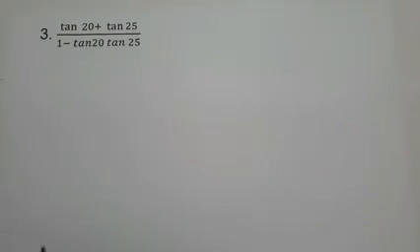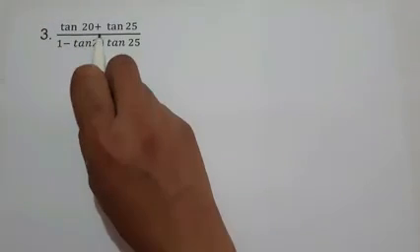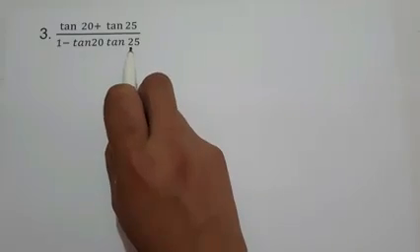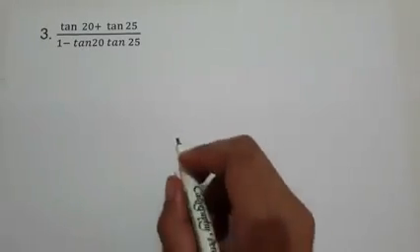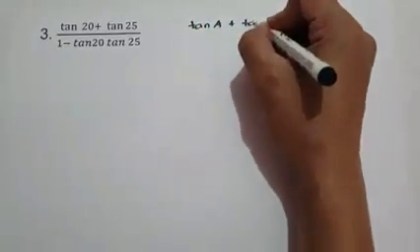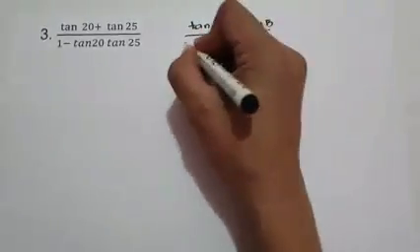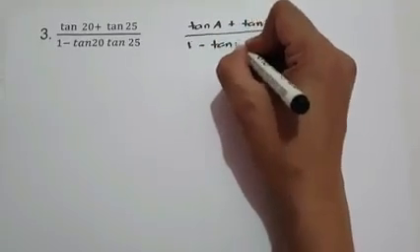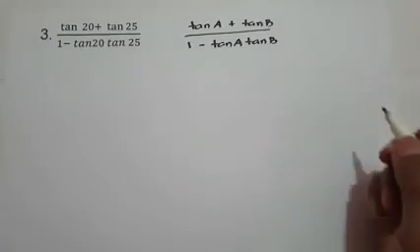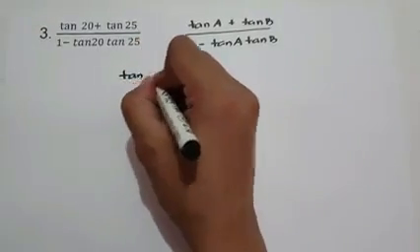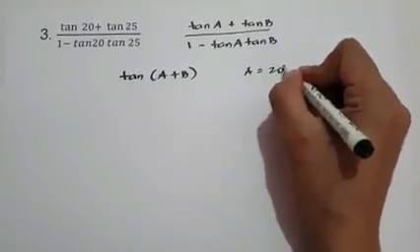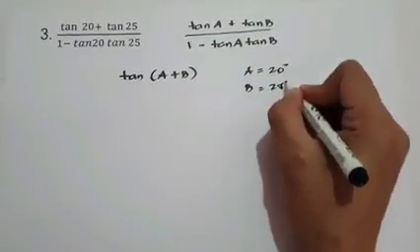On number 3, we have tangent 20 plus tangent 25 all over 1 minus tangent 20 times tangent 25. As you can see, number 3 is written in the form of tangent A plus tangent B over 1 minus tangent A times tangent B. Therefore, it will give us an idea that we are going to use tangent A plus B. The value of A here is 20, and the value of B is 25 degrees.